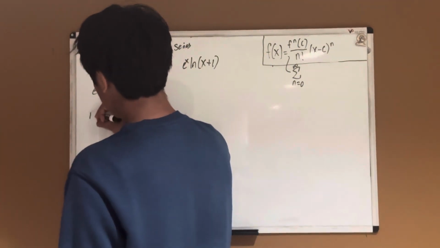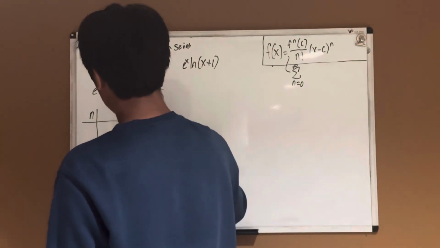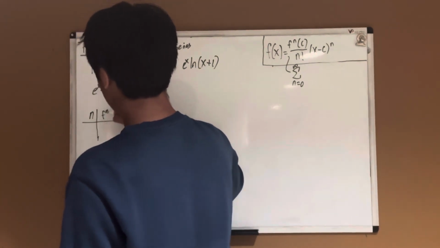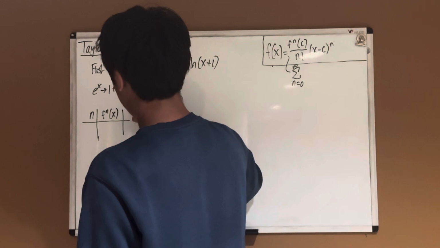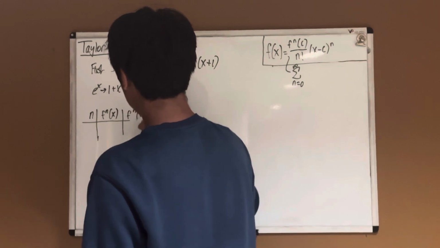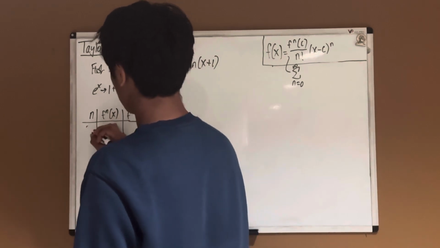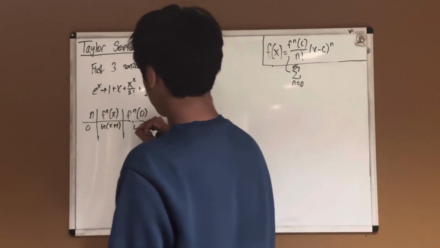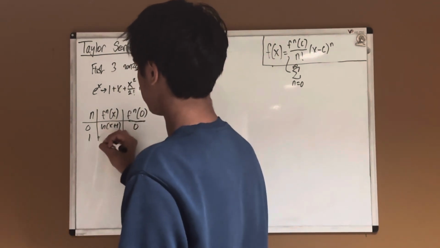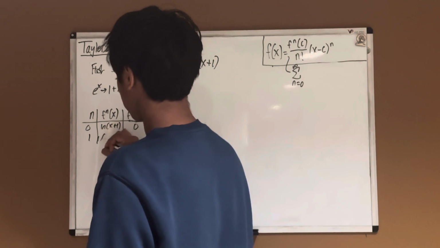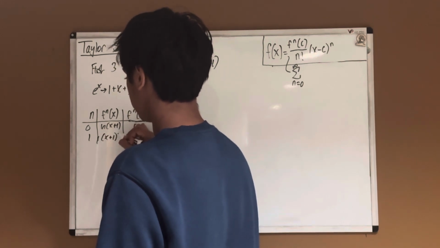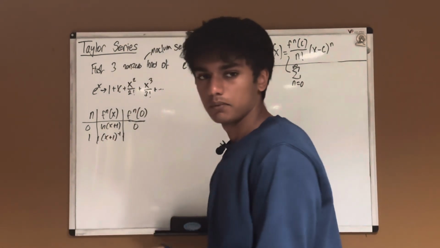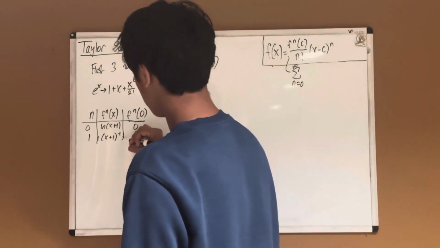So we'll say n, f of n of x, and then f of n of 0. So for 0, ln of x plus 1 is just 0. Then we do 1. The derivative of that is (x plus 1) to the negative 1, just 1 over x plus 1. Plug in the number, we get 1.